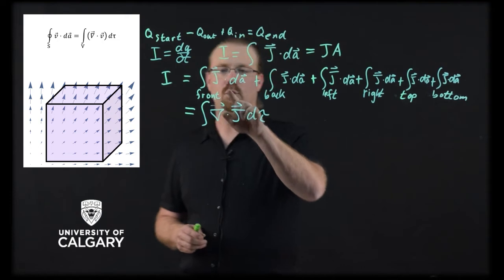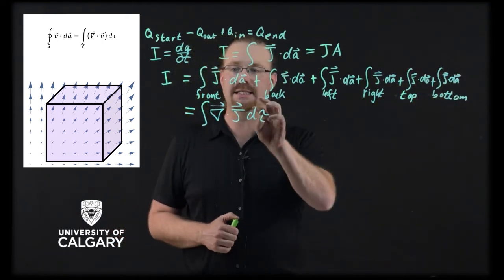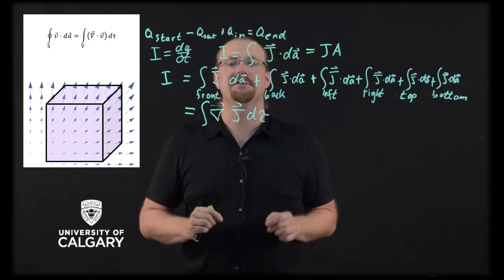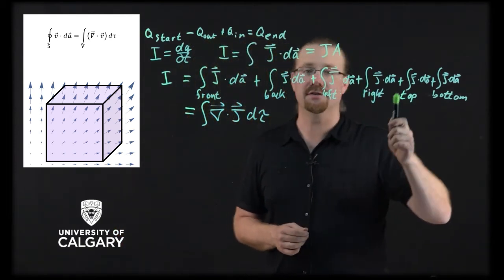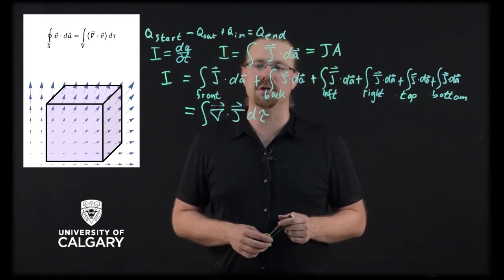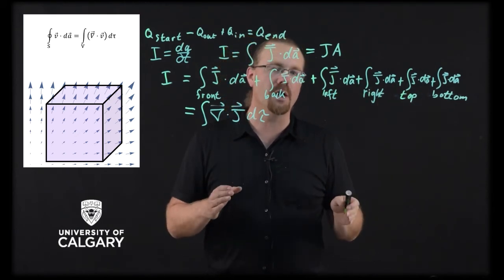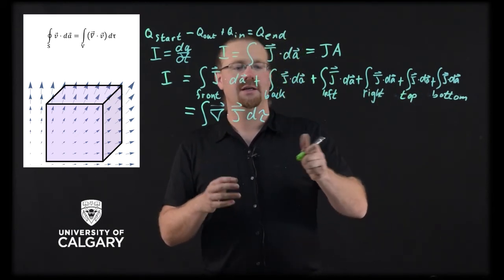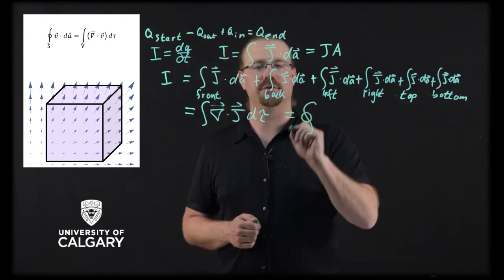So we showed that all of this was equal to the divergence of j d tau. But there's something else this is equal to as well. Because we have the front, the back, the left, the right, the top, and the bottom of our cube, we have the only 6 faces of the cube, and each of these area integrals combine into one big integral that is a closed surface.